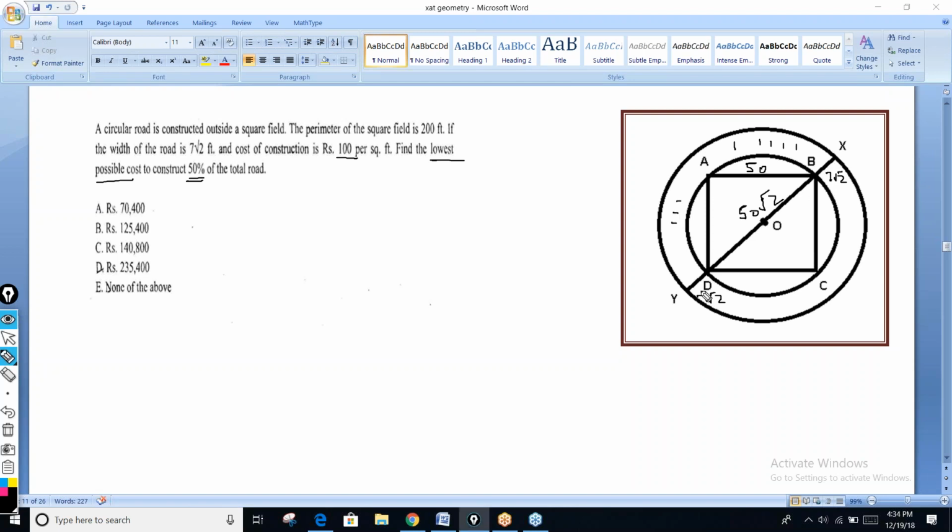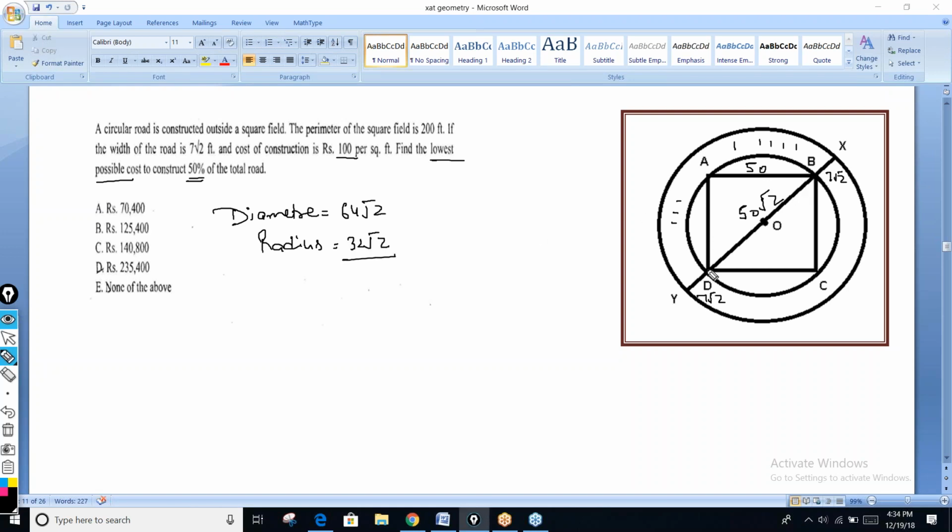So what is the diameter of the bigger circle? It is 7 root 2 plus 50 root 2 plus 7 root 2, that is 64 root 2. So what is the radius? The radius is 32 root 2.